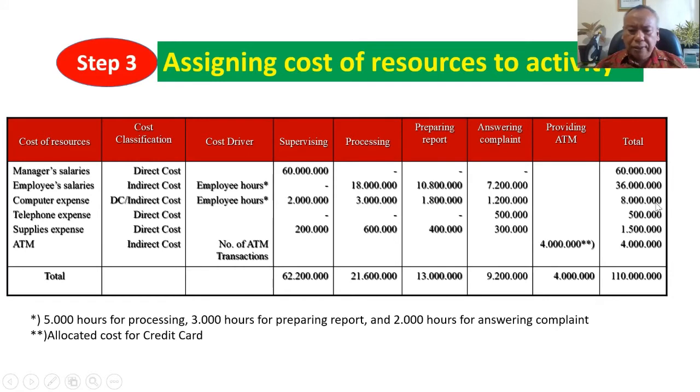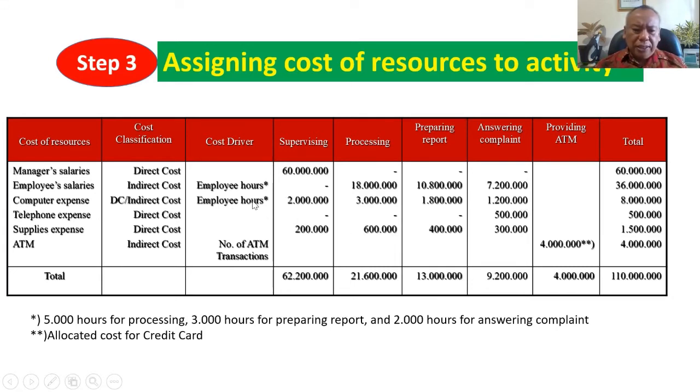The total computer expense is 8 million, so the remaining 6 million, 8 million minus 2 million, will be allocated to processing the transaction, preparing report, and answering complaint using the employees' hours as a cost driver.